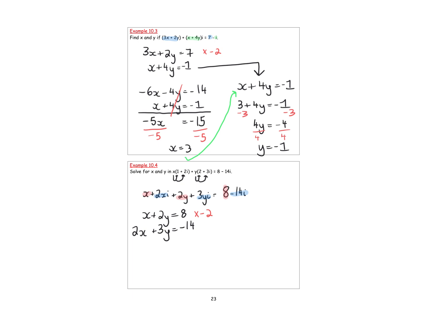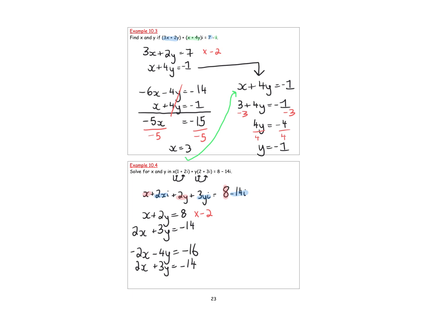When I multiply the top line by minus 2, I'll end up with minus 2x minus 4y is equal to minus 16. The bottom line will stay the same, so we'll have 2x plus 3y is equal to minus 14. Now you can see that I have 2x and minus 2x, where the number in front of x is exactly the same, but the signs are different.